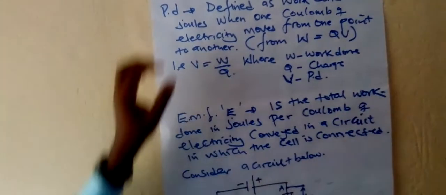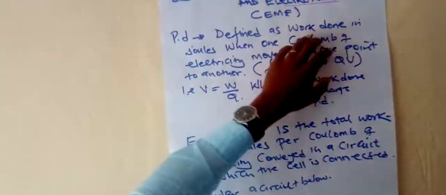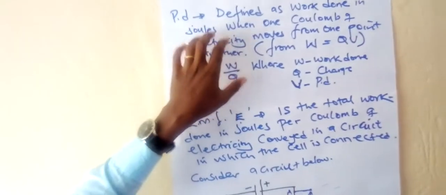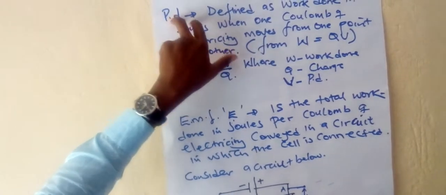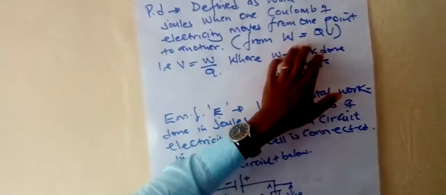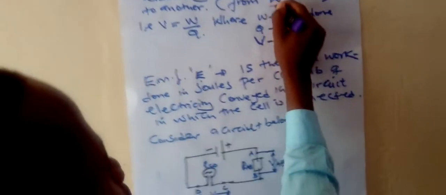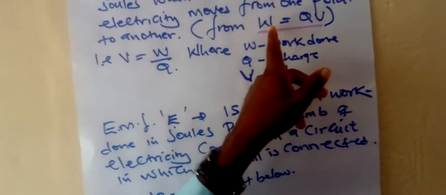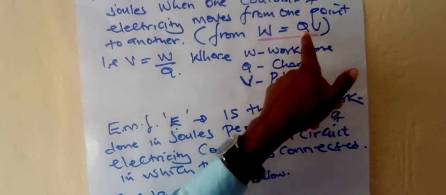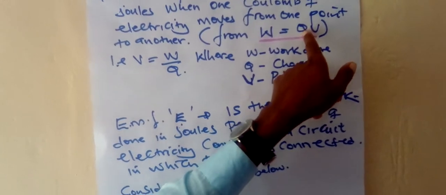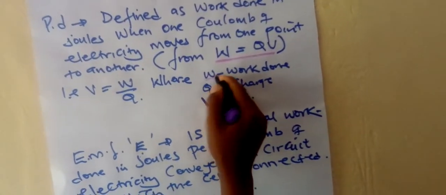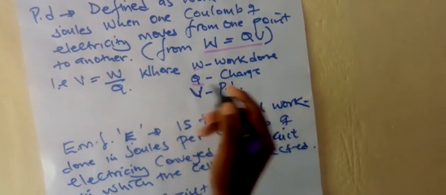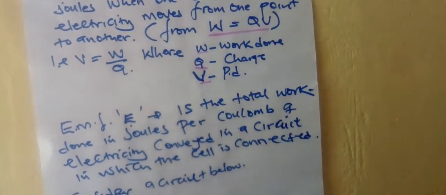In other words, when charge moves from one point to another, work is done, and we say that work done is known as potential difference. We get it from this equation here, where we say work done equals charge times PD, where W is work done, Q is charge, V is PD.